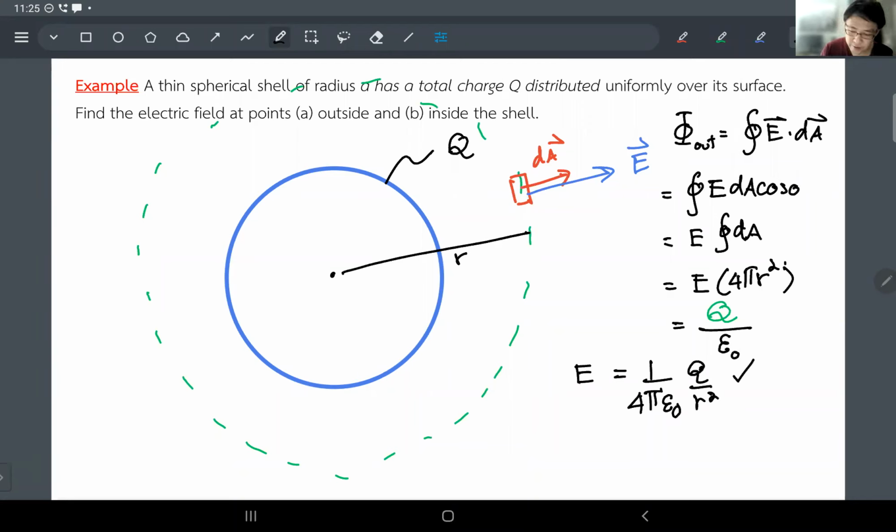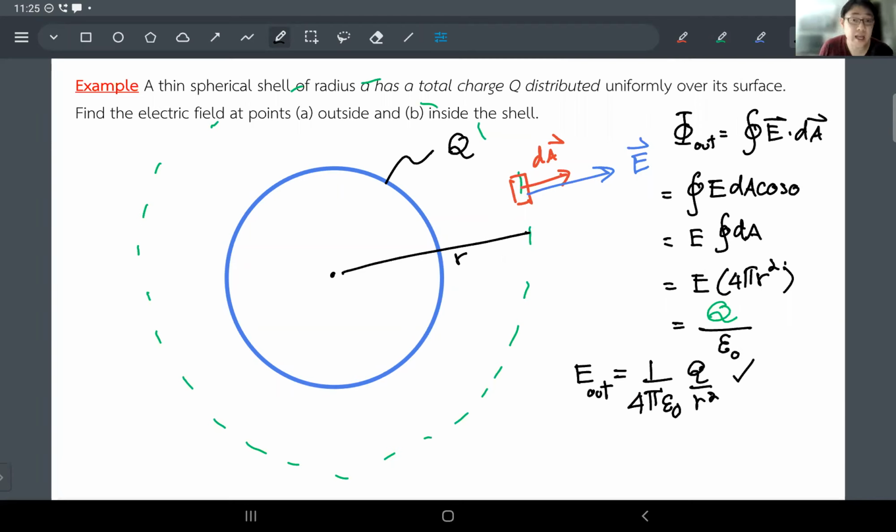This is the electric field outside, and it looks like Coulomb's law again. Wow. So now you get a conclusion: no matter if you have a dot of charge, a ball of charge, or a shell of charge, as long as you are staying away from it, the electric field has the same expression, kQ over r squared.